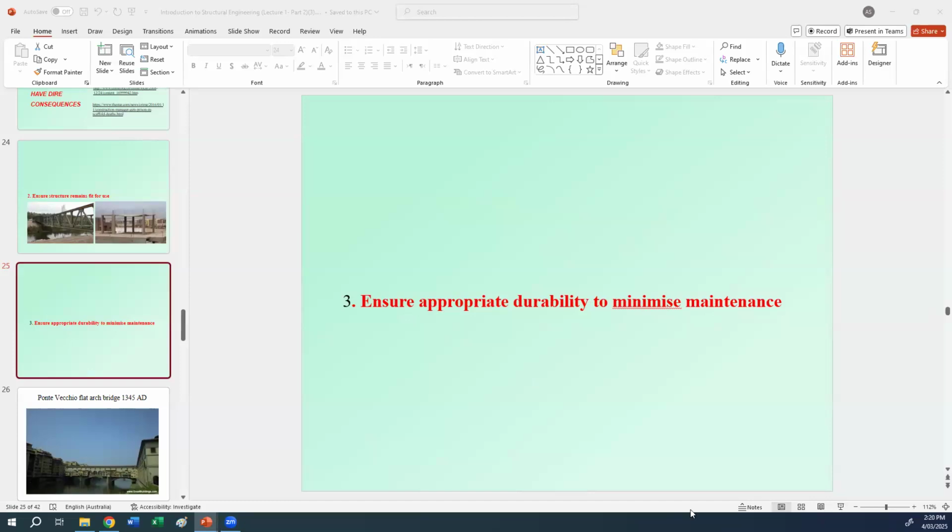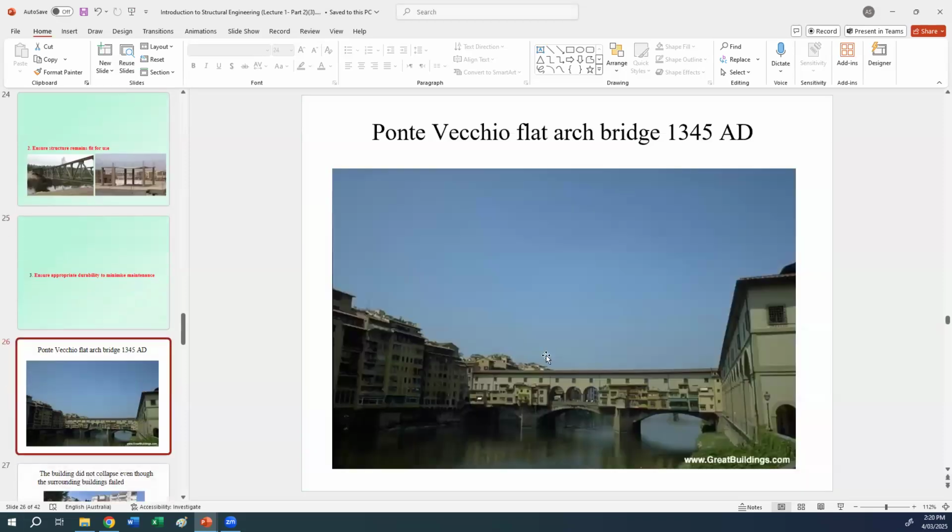So when you are designing a building, you need to make sure it is durable and will need minimum maintenance during its life. So it is better to use durable materials like concrete, for example, or steel and so on, because these materials are proven as durable and need very minimum maintenance through the lifetime of the building.